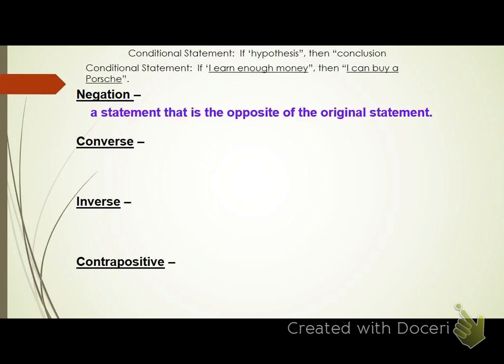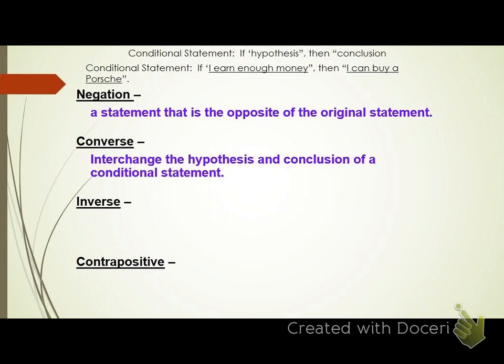Okay? So, for example, conditional statement: if I earn enough money, then I can buy a Porsche. That's true enough. If we were to create the converse, right? The converse is what we get when we just switch the hypothesis and the conclusion.